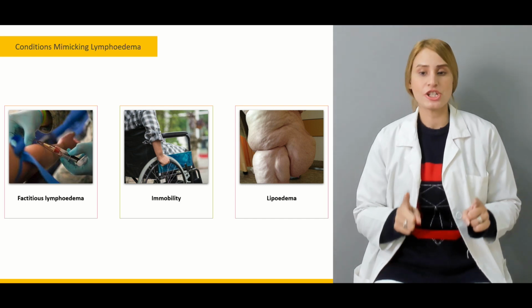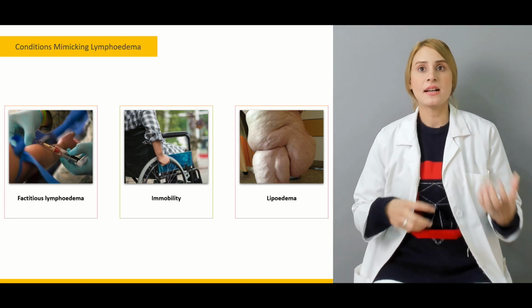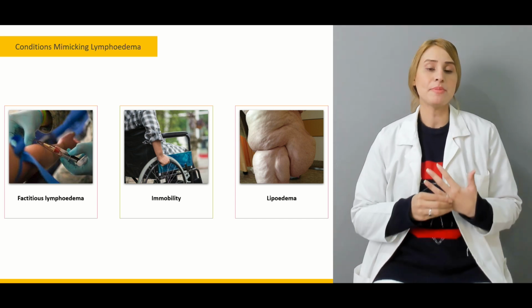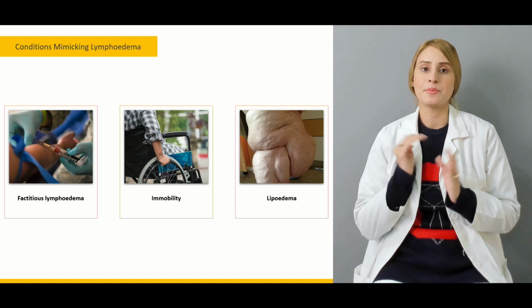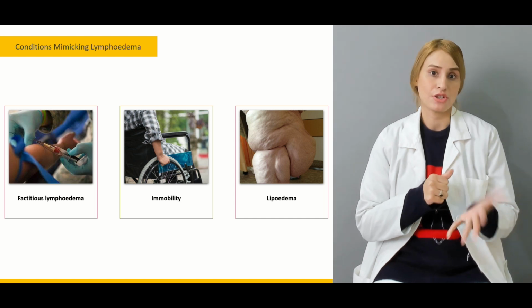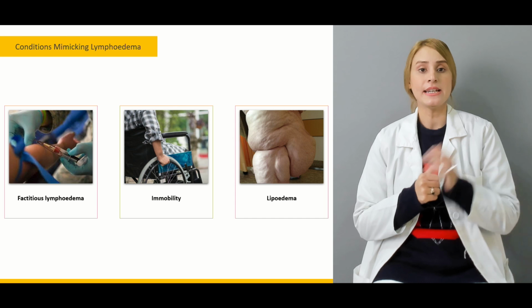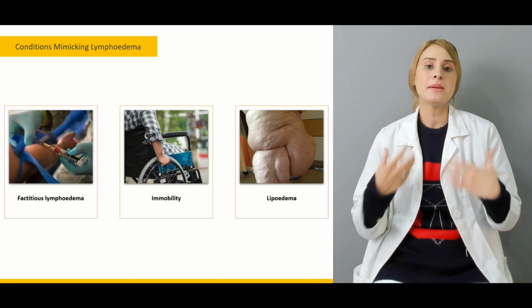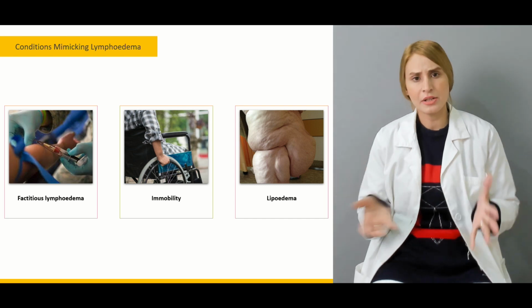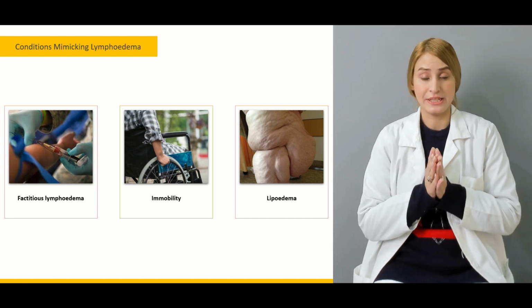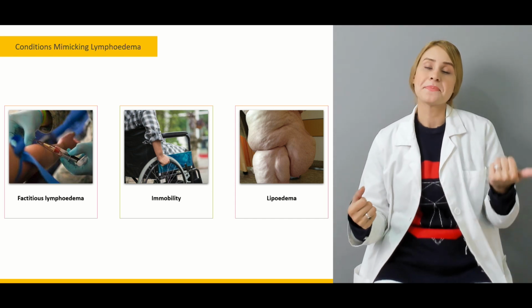You need to differentiate lipoedema from lymphedema, because in lymphedema there would be some problem with the lymphatic channels. There would be obliteration or destruction of the lymphatic channels. In lipoedema, there would be excessive deposition of fat, and mostly it's common in people who are very obese.